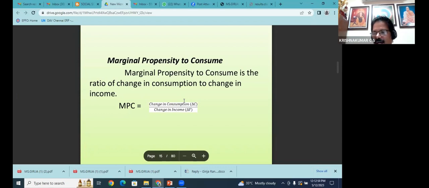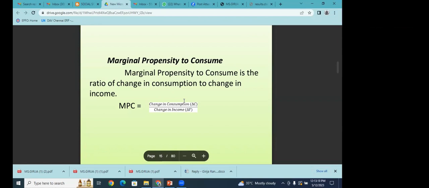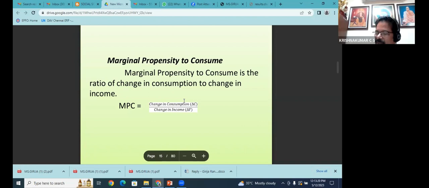Next you can ask: Mr. Ramu got a promotion. His income increased from 20,000 to 30,000. So what is his change in income, or delta Y? 10,000.